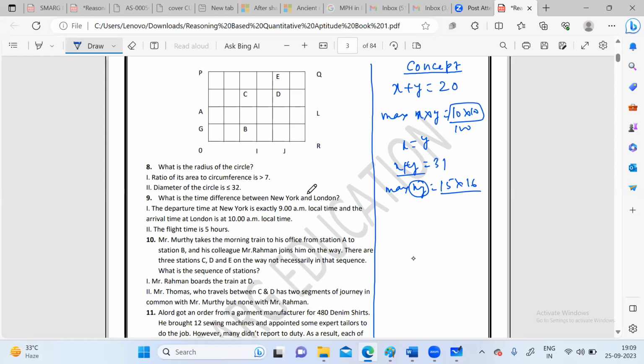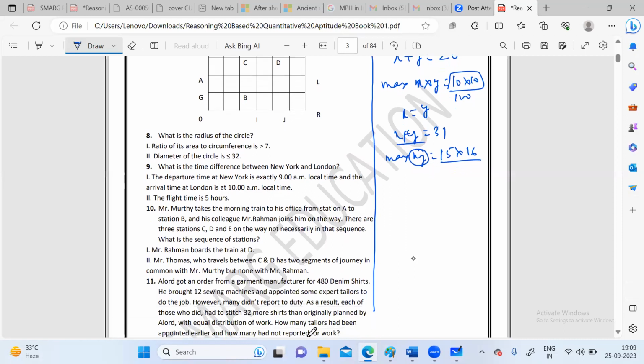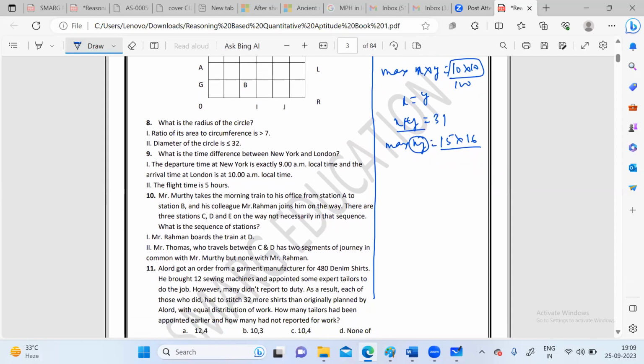A very simple extension of this is, let's say someone is asking that 3x plus 2y plus z is equal to 36, and they are asking what would be the maximum value of x cube into y square into z.